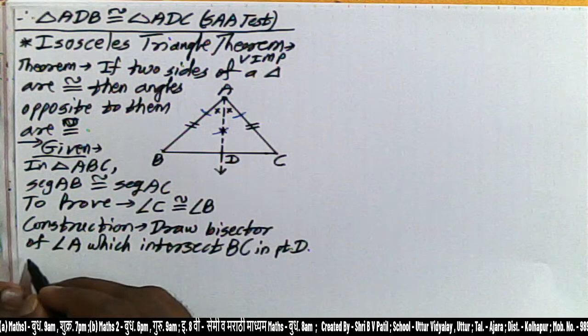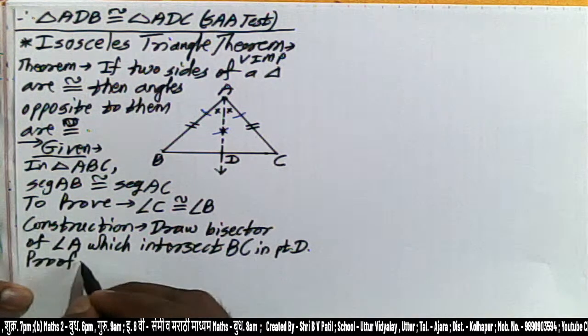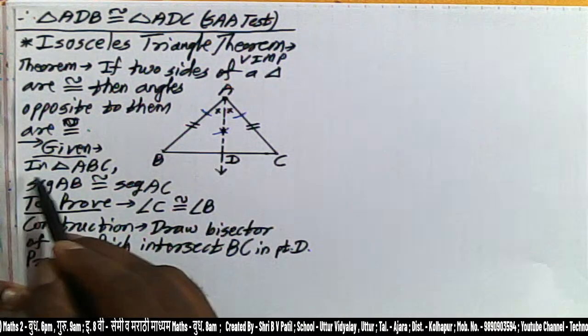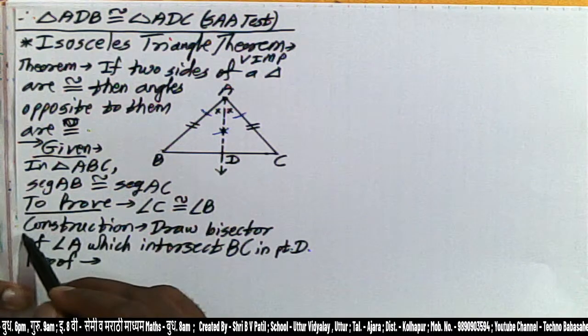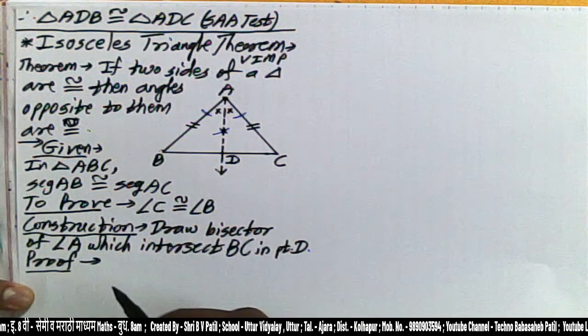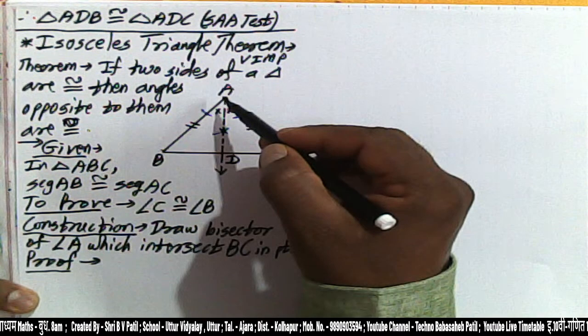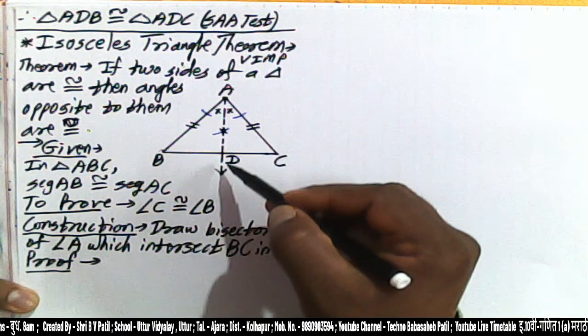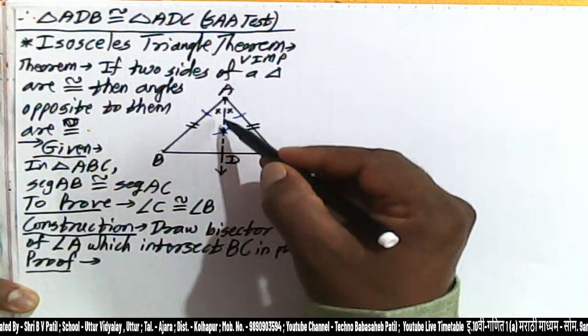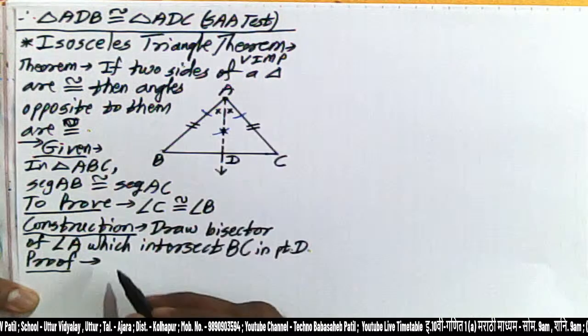The next part is proof. Yes, here which is the bisector? That is ray AD.